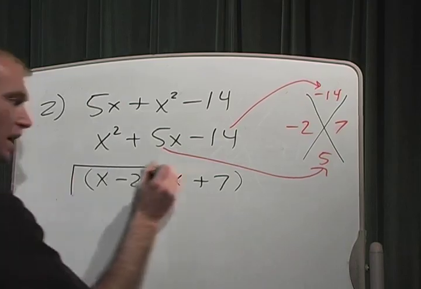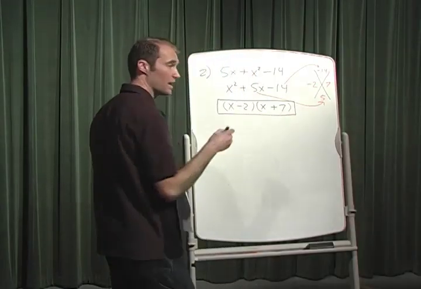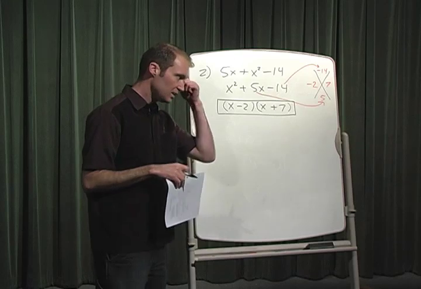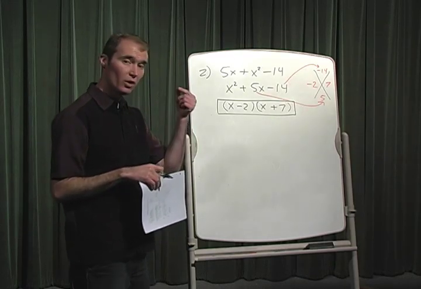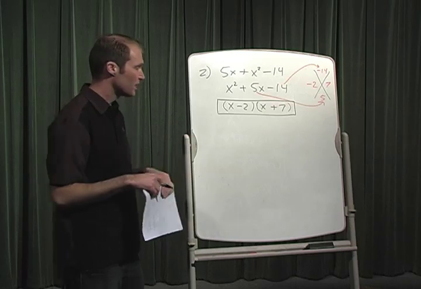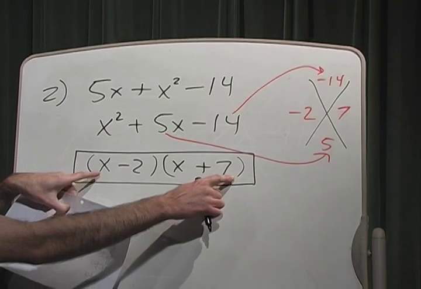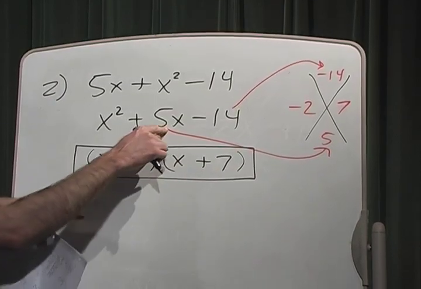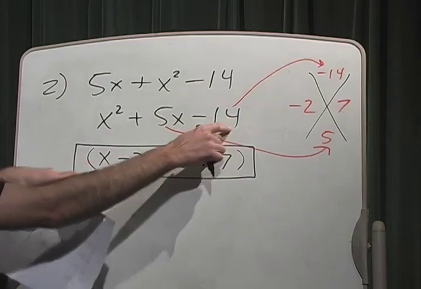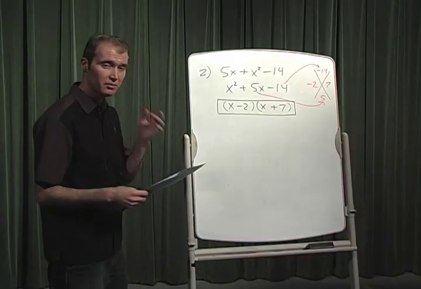Now, I want to encourage you guys, even if you don't actually write it out, please at least just FOIL in your head to make sure that this matches up. x squared plus 7x minus 2x, that gives me my plus 5x, minus 14, looks like it matches up.